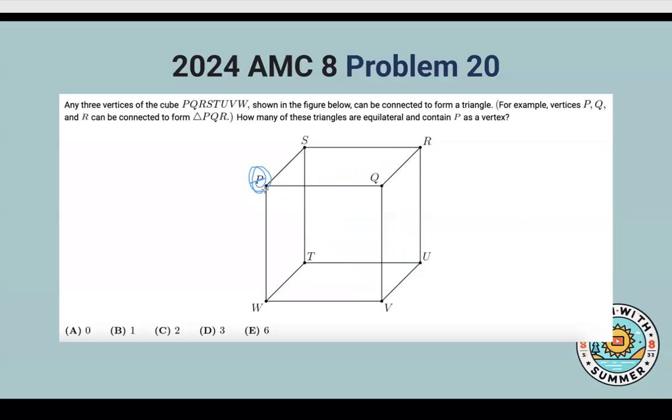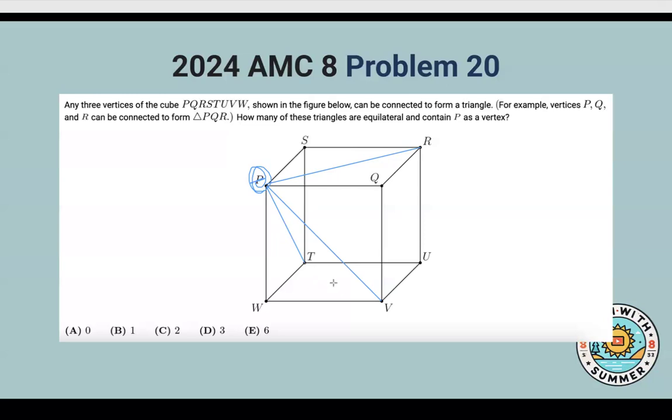So what we want to do is, let's say we know that there's PV, PR, and PT as possible face diagonals that come off of P. Those are the only face diagonals. So we know that every single one of the equilateral triangles from P will have to contain at least one of these lines.